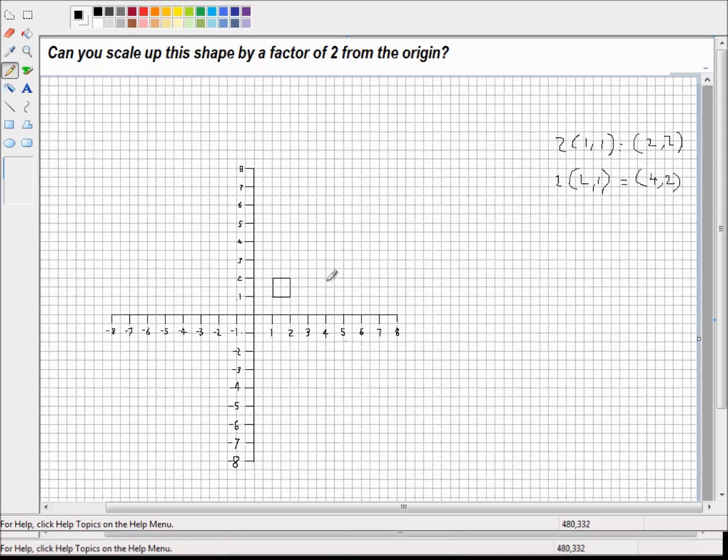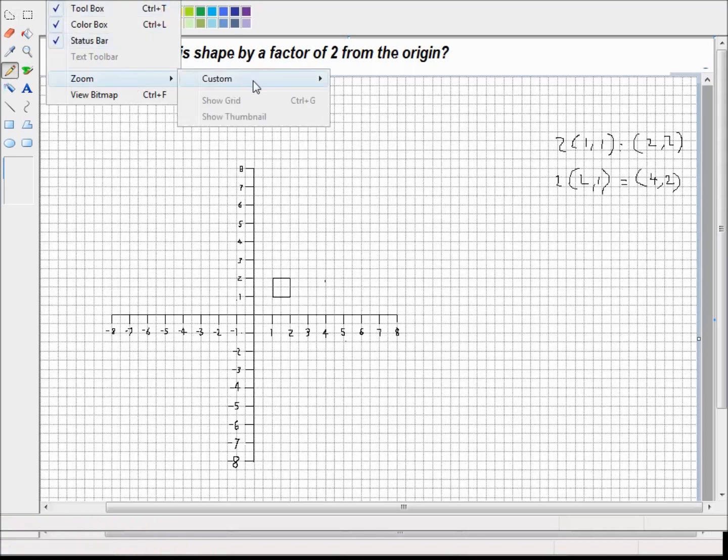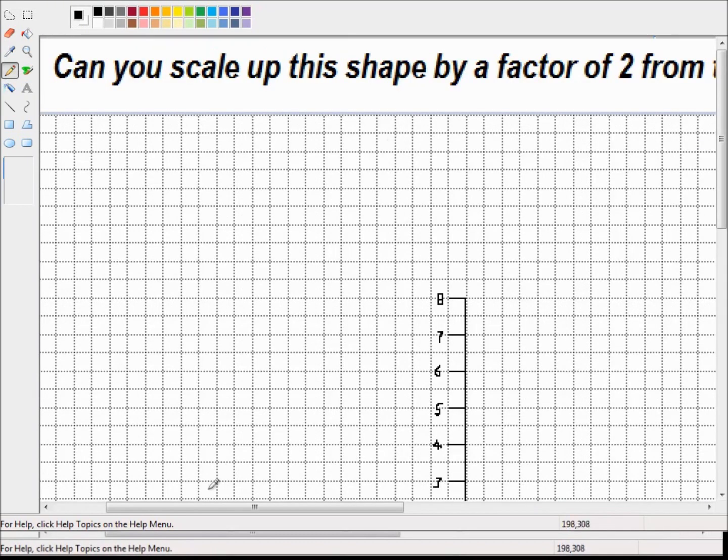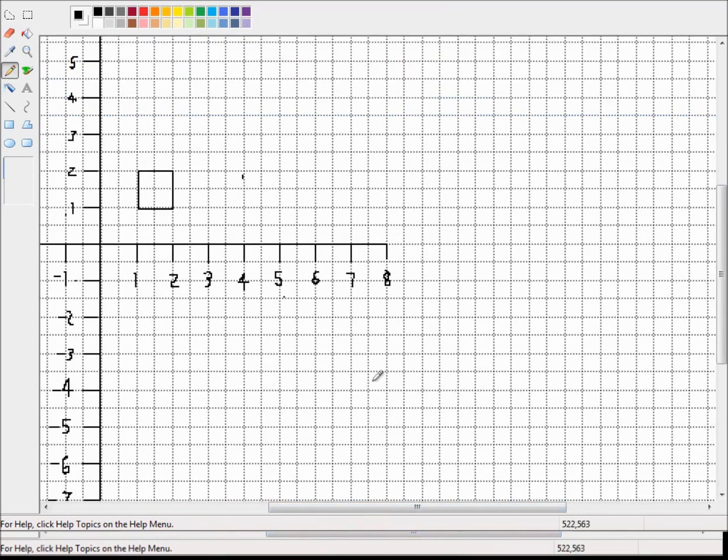So that's level with the top of the square at 4. My eyes aren't that great, so I'm going to zoom in a little bit so that I can see better. 4, 2 is right here, and 2, 2 is right here. Okay, so the other coordinates, the top left is at 1, 2, so the coordinates will be 2 times 1, 2, which is 2, 4.